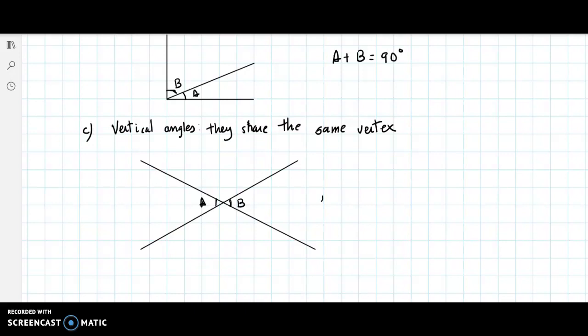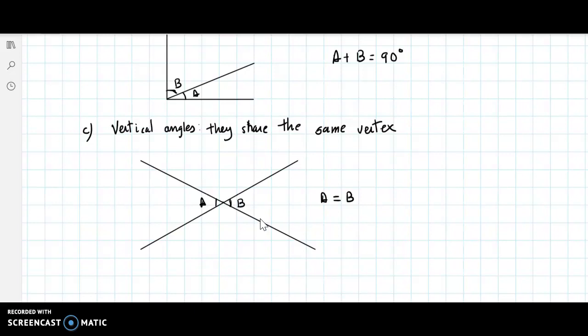And these two angles are equal. And you can see that their sides are on the same lines. So we make two lines, and these two lines form their sides, okay?